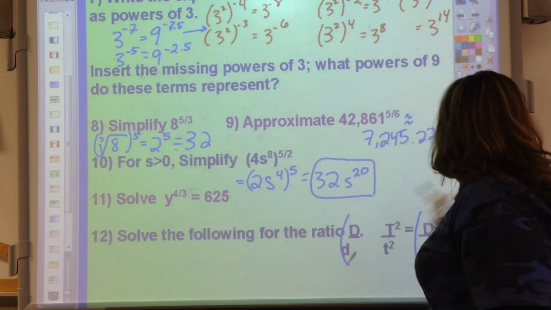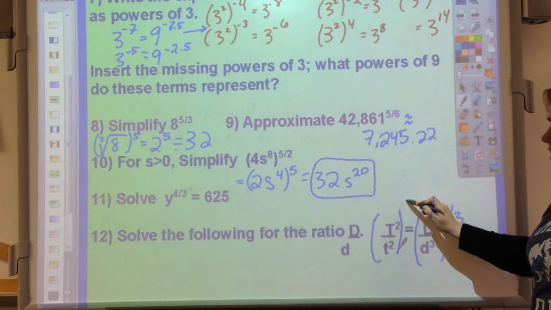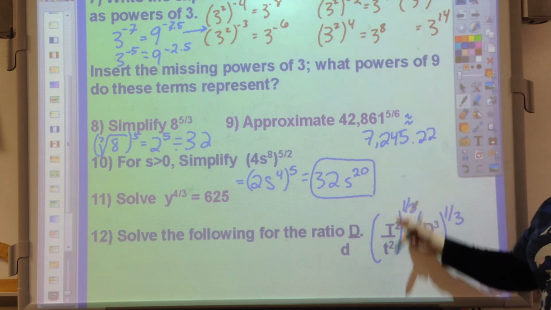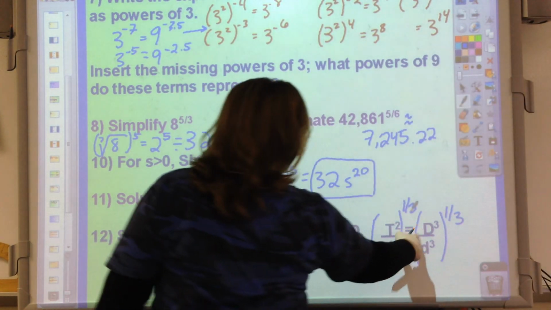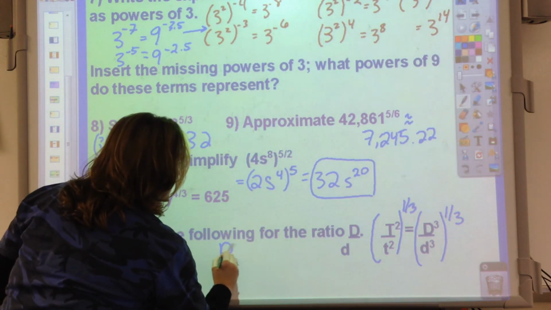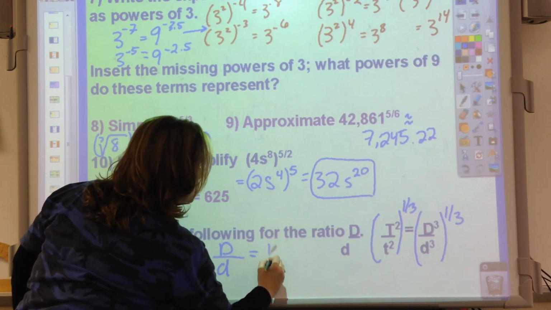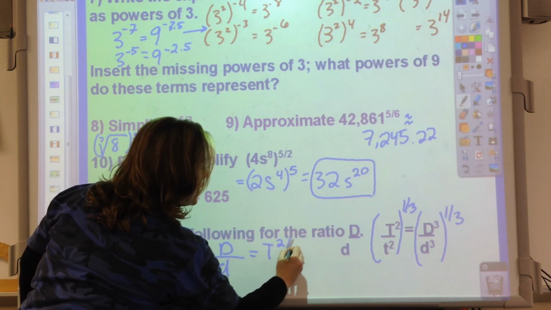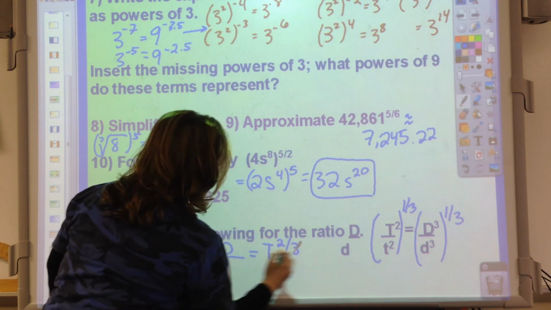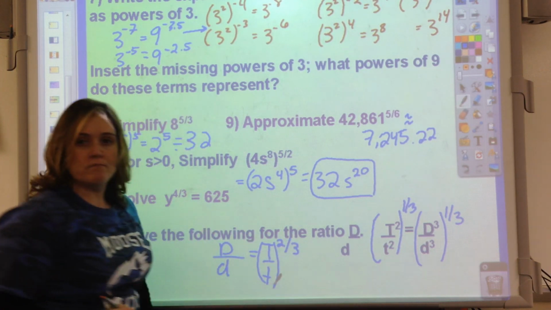So I'm going to raise this right-hand side of the equation to 1/3, so I raise the left-hand side of the equation. Now over here, when I cube root both of these, I'm indeed going to get d over d. And when I cube root both of these, I get the power of 2 and the root of 3 for both. And I'm going to simplify it by raising them both to the same power.